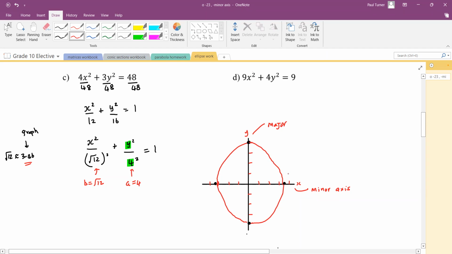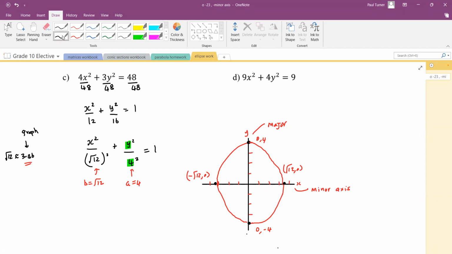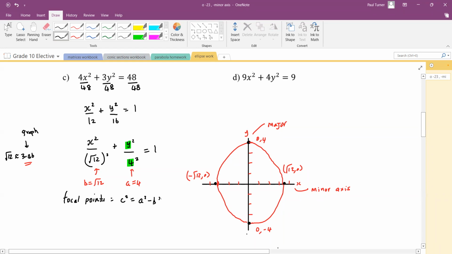So this point is root 12, 0. This is negative root 12, 0. This would be 0, 4. And this is 0, negative 4. So if we want our focal point, your foci, we use the relationship c squared is a squared minus b squared.